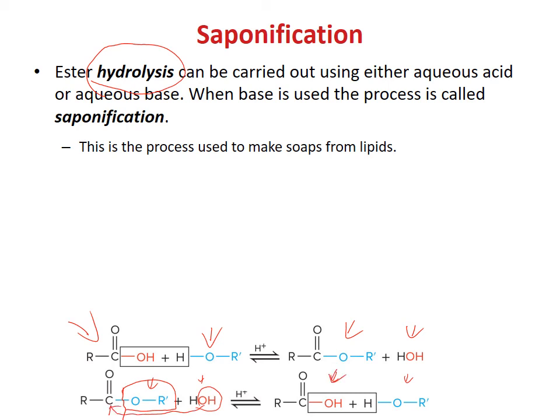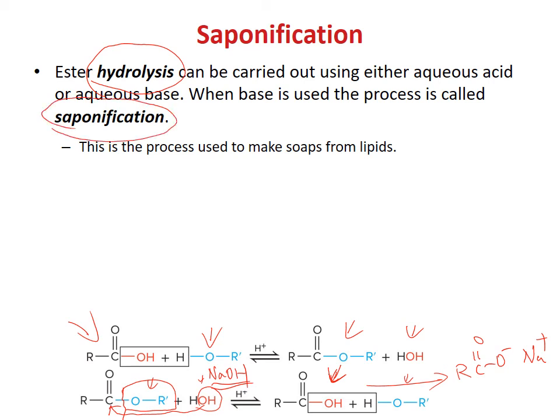Now, if instead of water we add sodium hydroxide, a base, then the carboxylic acid immediately reacts with this base to give you the carboxylate with the sodium, to form the salt. And this reaction, the hydrolysis using sodium hydroxide, is called a saponification reaction.